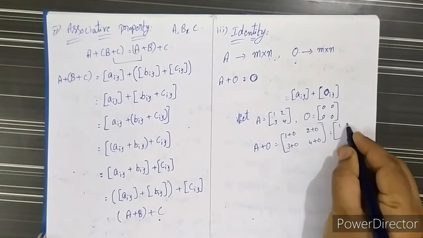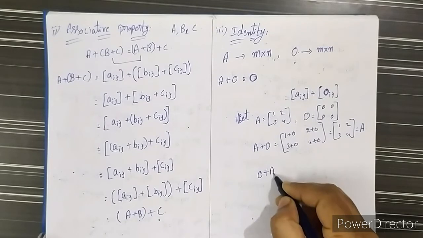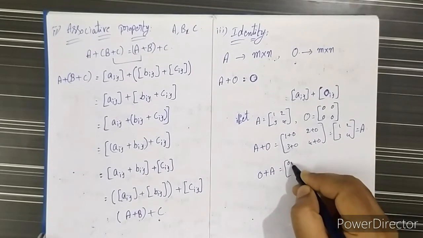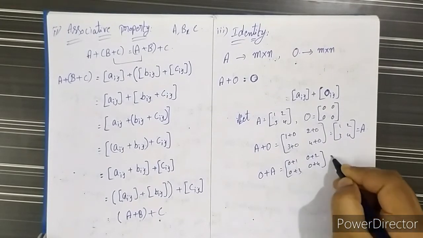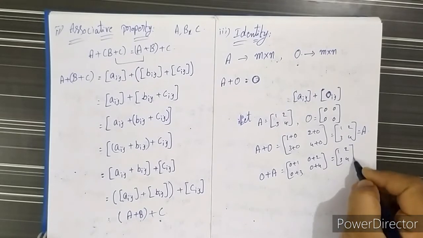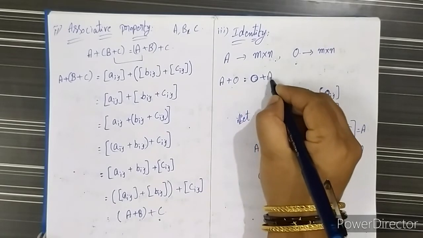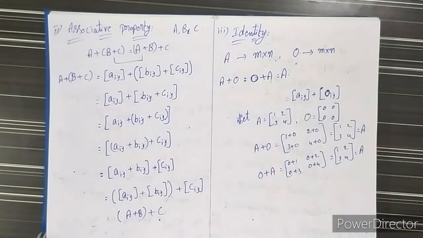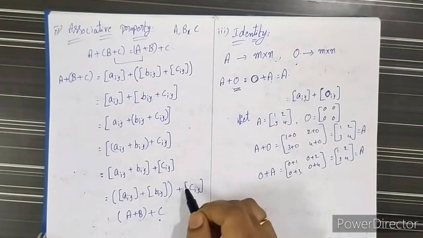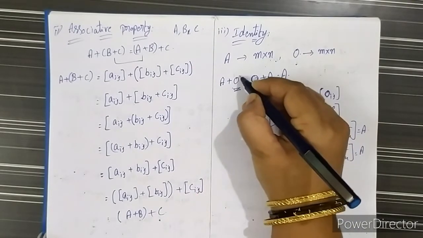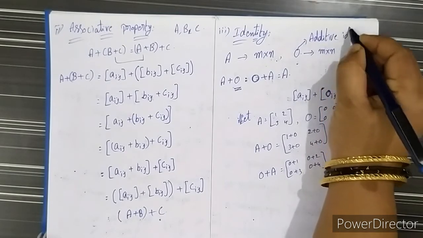Then that is equal to 1 2 3 4, that means equal to A. In the same way, O plus A is equal to 0 plus 1, 0 plus 2, 0 plus 3, 0 plus 4. That is equal to 1 2 3 4, that is the matrix equal to A. Then we say that A plus O equal to O plus A equal to A. Then easily we can find O is the additive identity.